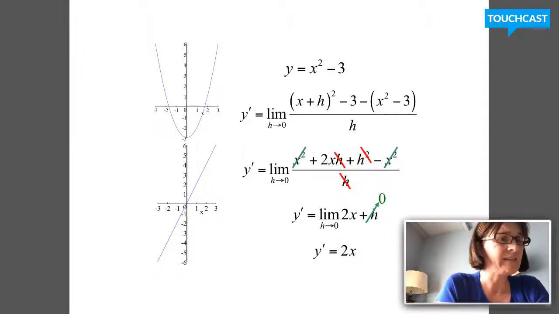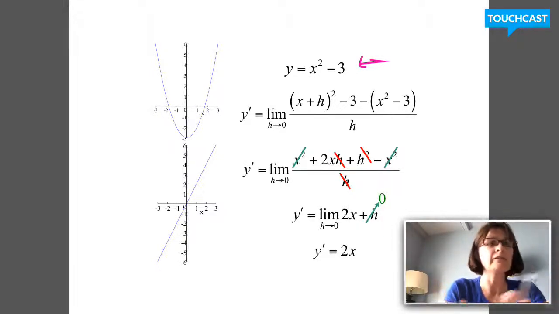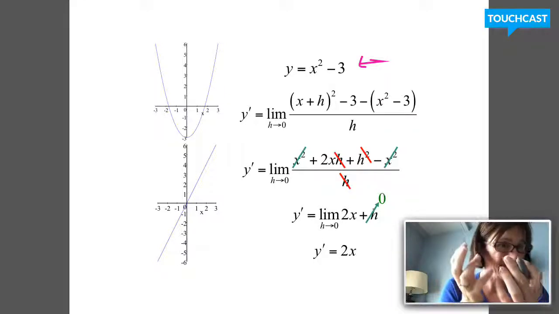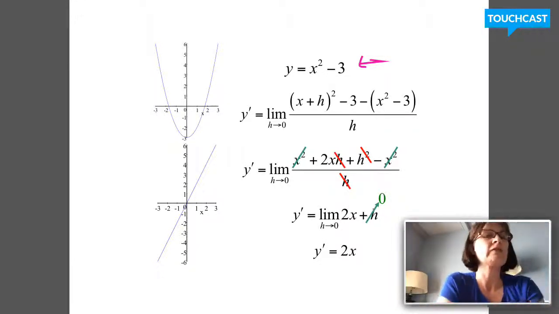So here's another example. It doesn't happen to be in your notes paper. Instead of giving you a function f of x, I could just call it y. So here's a parabola, y equals x squared minus 3. If I asked you to find y prime, this is the same process. You're going to take the limit as h approaches 0 of essentially f of x plus h minus f of x all over h.